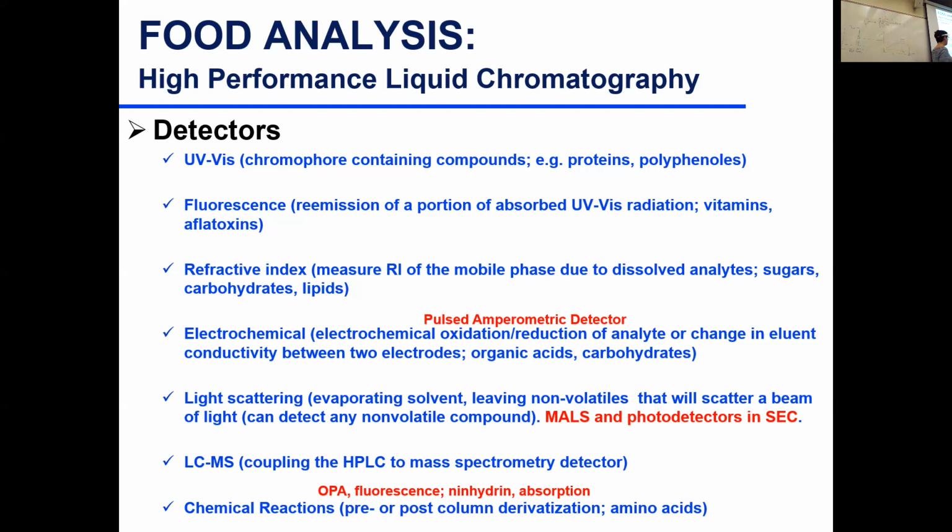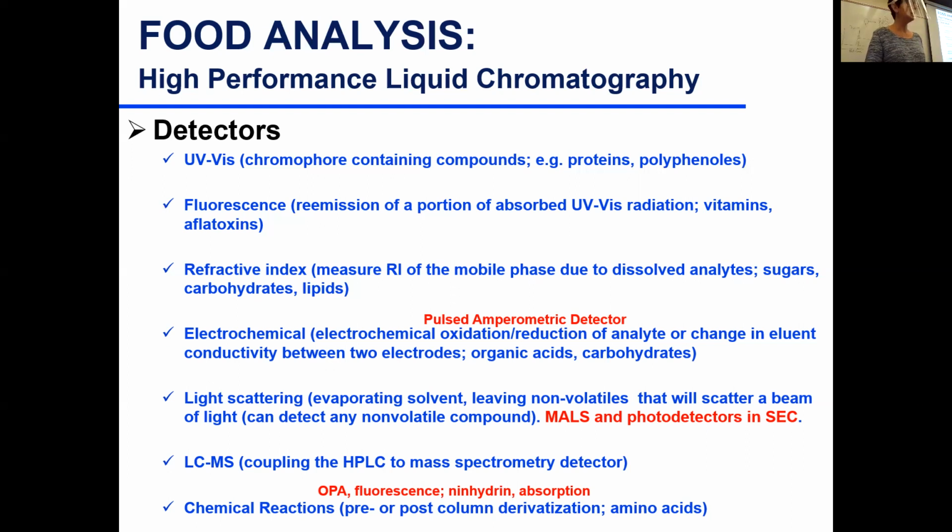Chemical reactions, like I said earlier, so it's just if you have compounds that don't absorb light, you react them either before separation on the column, or sometimes you have a reactor chamber after separation. They go into the reactive chamber, they react, and the compound that absorbs light is detected.